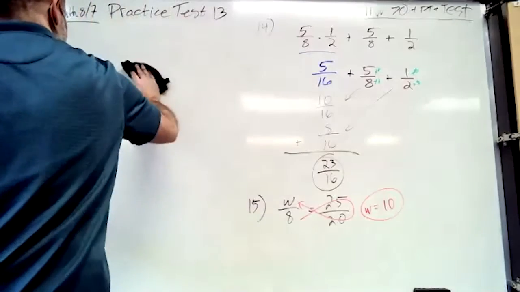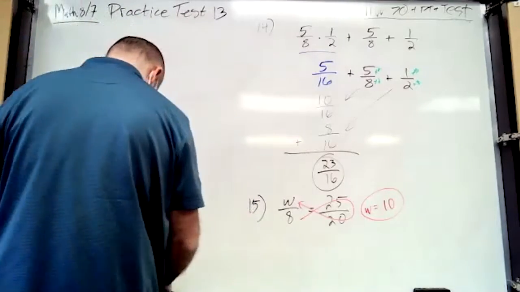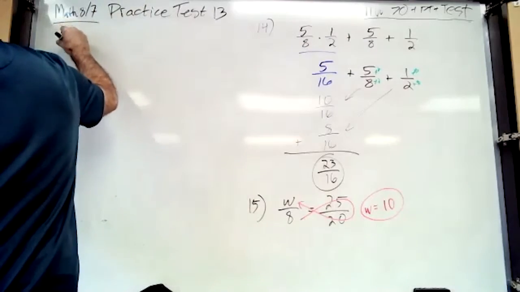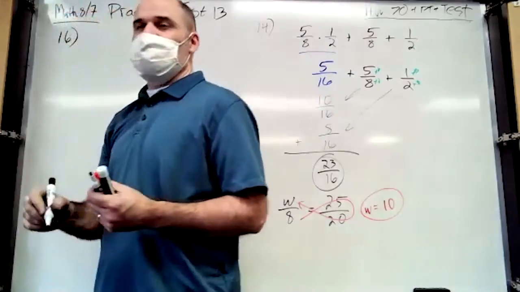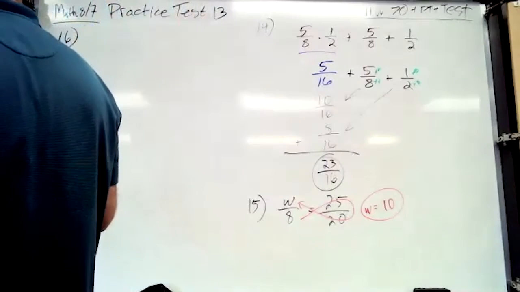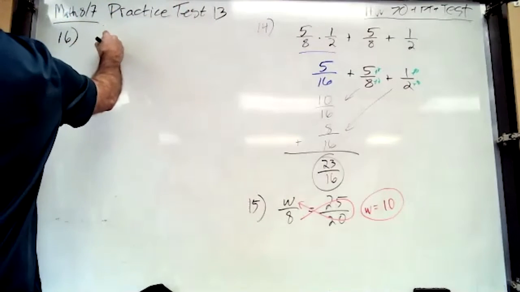What fraction of the problems have we completed? 3/4. That's right. What is the ratio of problems completed to problems not completed? 15 to 5 or 3 to 1? Yep. Good.